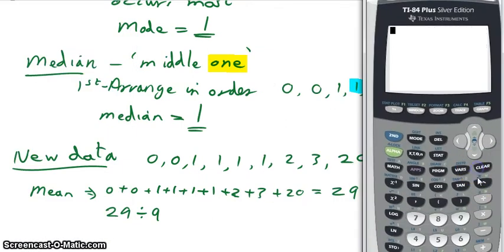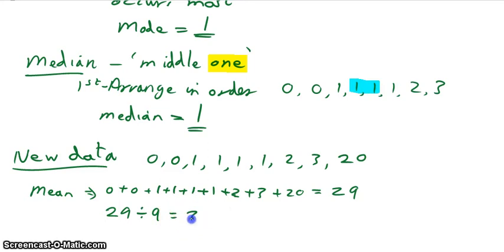Let me clear that. And what we're doing is 29 divided by 9, which gives us 3.22. It's 3.22222, which is a recurring decimal. So it's approximately 3.2.